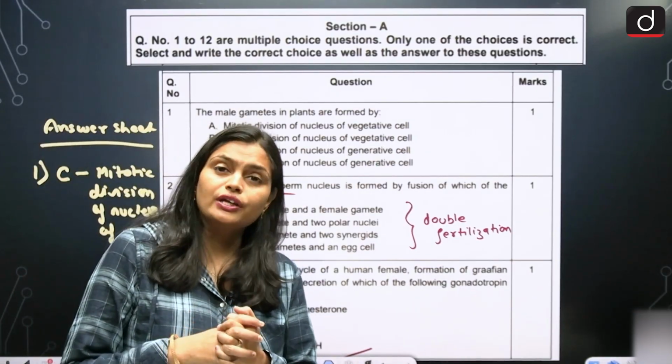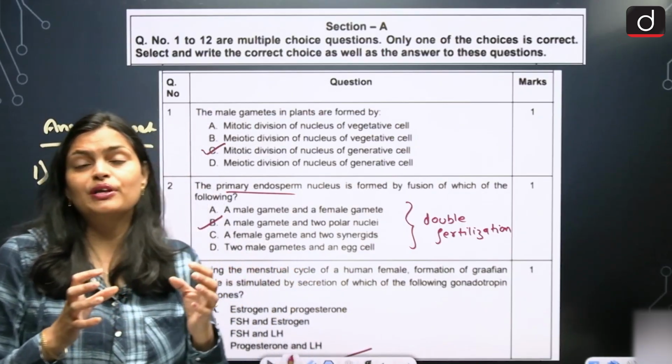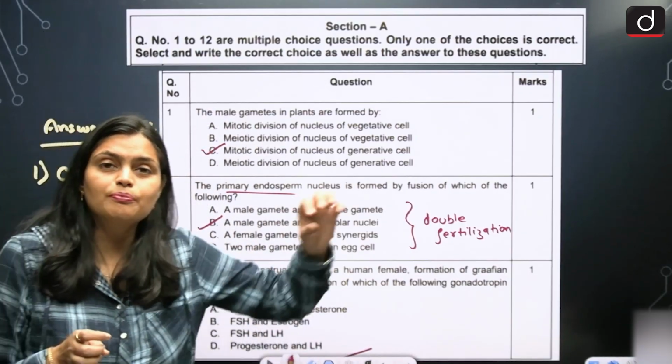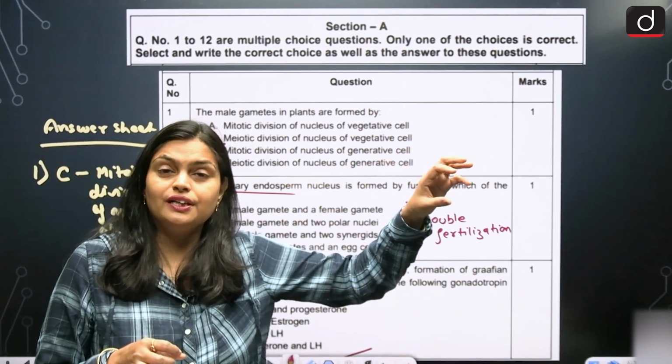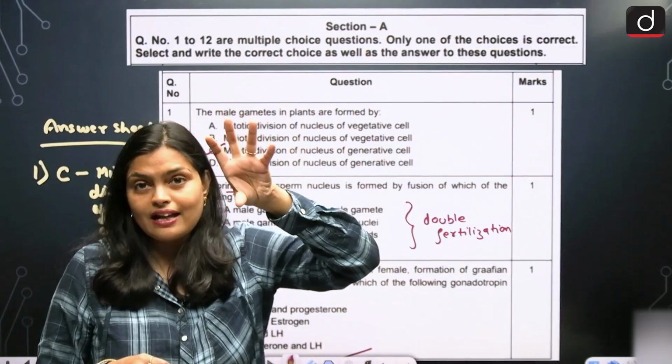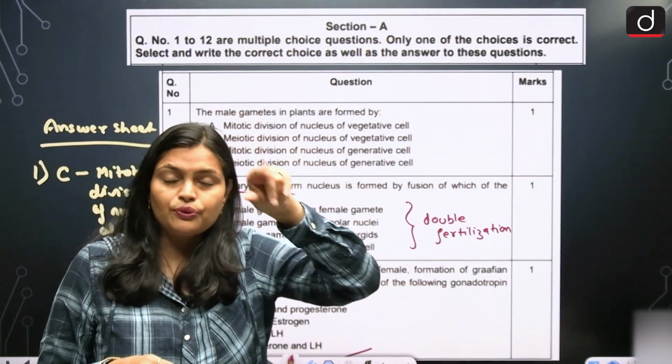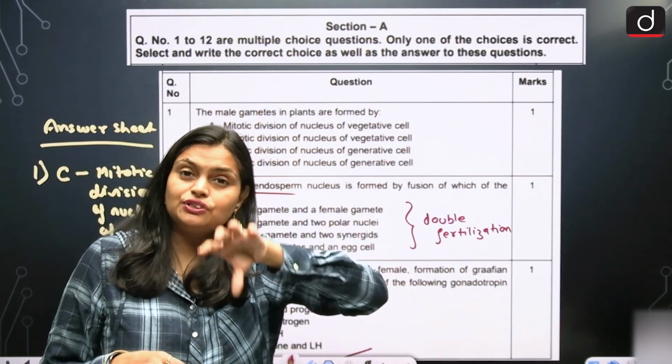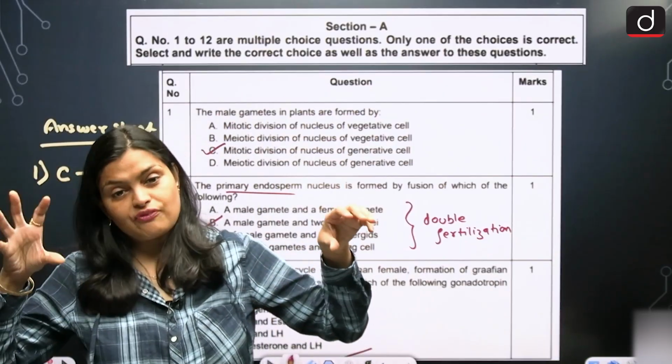Now in the follicular phase, there will be a formation of follicles. You know, first of all you have a primary follicle, then secondary follicle, tertiary follicle, characteristically having an antrum, a fluid filled cavity, and then the tertiary follicle is converted into a Graafian follicle.